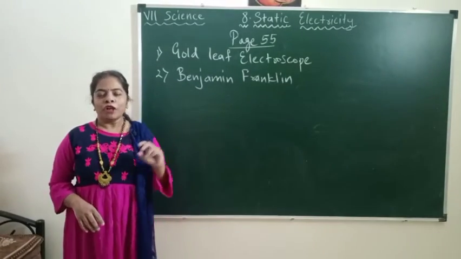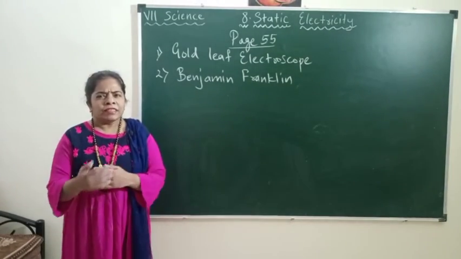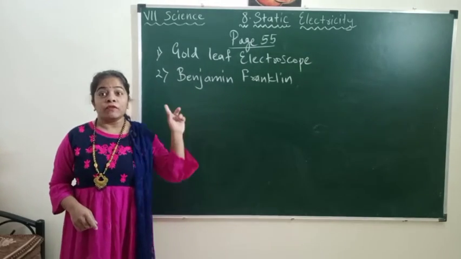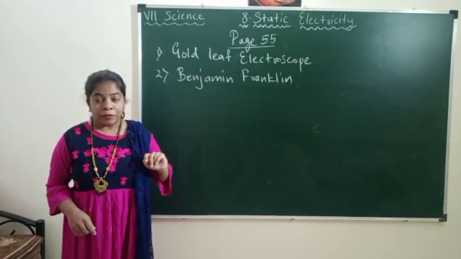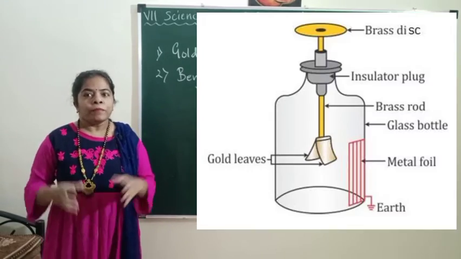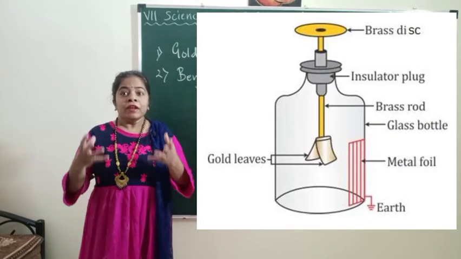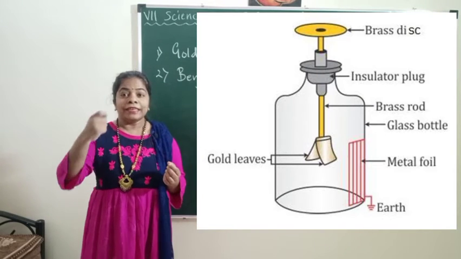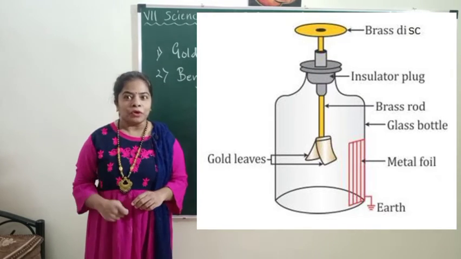Now children, on page number 55, just one little activity is given and there is a mention of gold leaf electroscope. What is a gold leaf electroscope? It is an instrument which is used to identify whether an object is having electric charge or not.